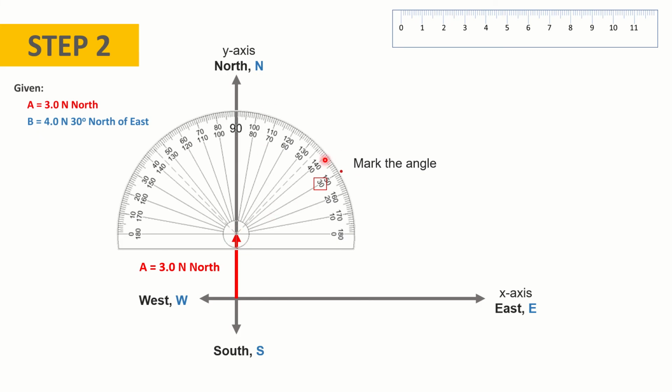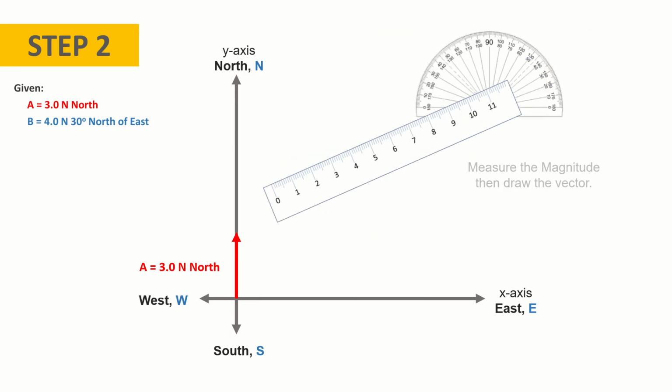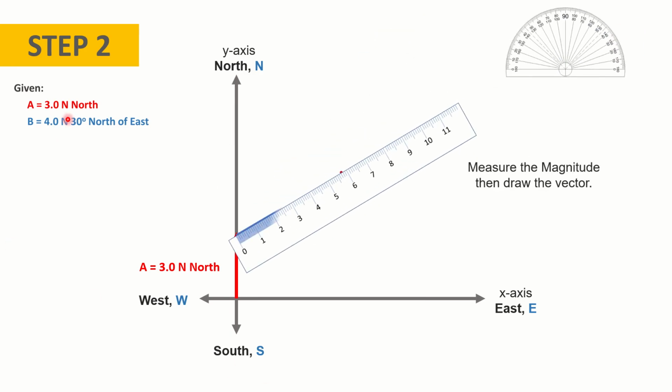We have here our protractor and we already marked the 30 degree angle. So let us now draw force vector B. Force vector B is 4 newtons, so let's count 4 centimeters and that will represent 4 newtons.